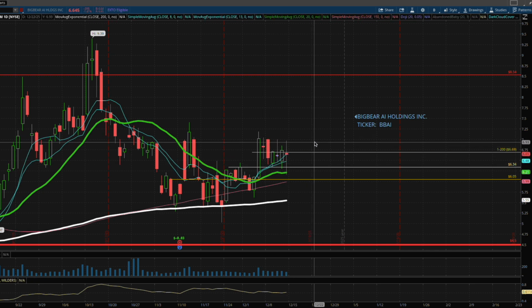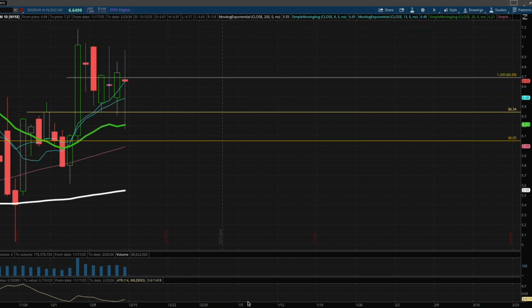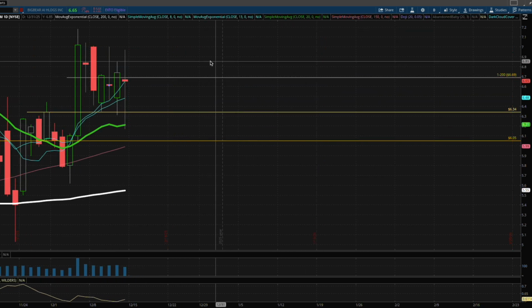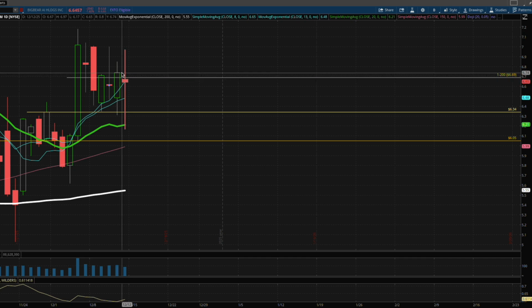Okay, so the way the candlestick works, and this is how you read a candlestick. We'll take this green one here. So right up here is probably where it closed.